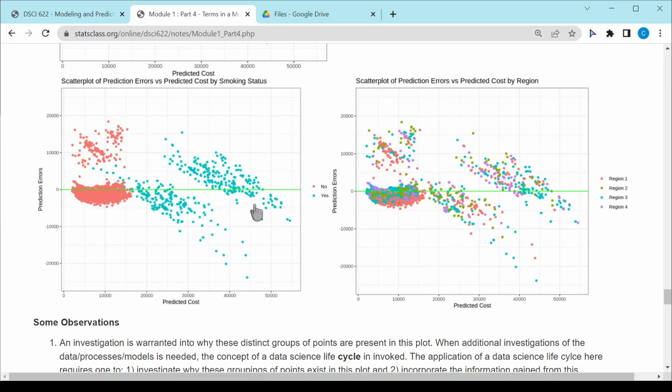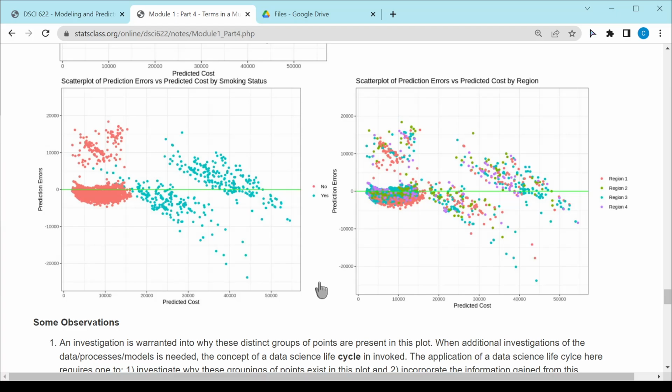So there's something else, as we would want to try to figure out from our investigation. We are missing some other variable that is important to cost here. And that's going to help us differentiate these 2 striations that I see here.